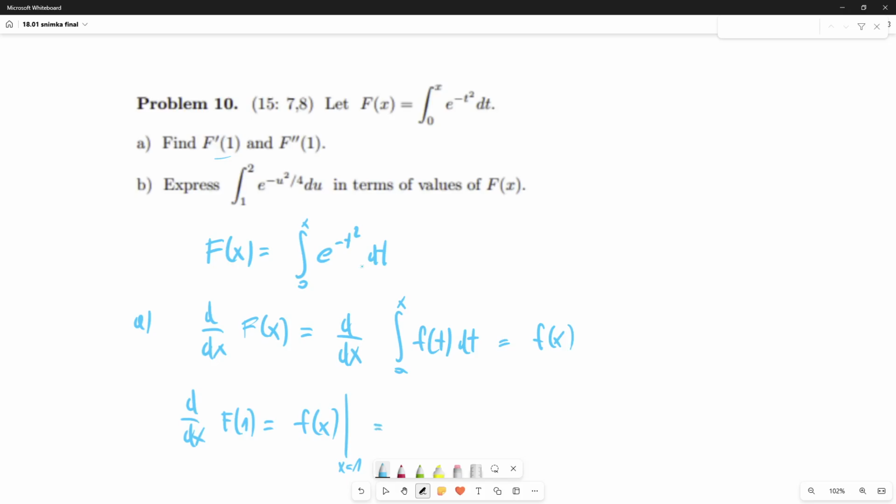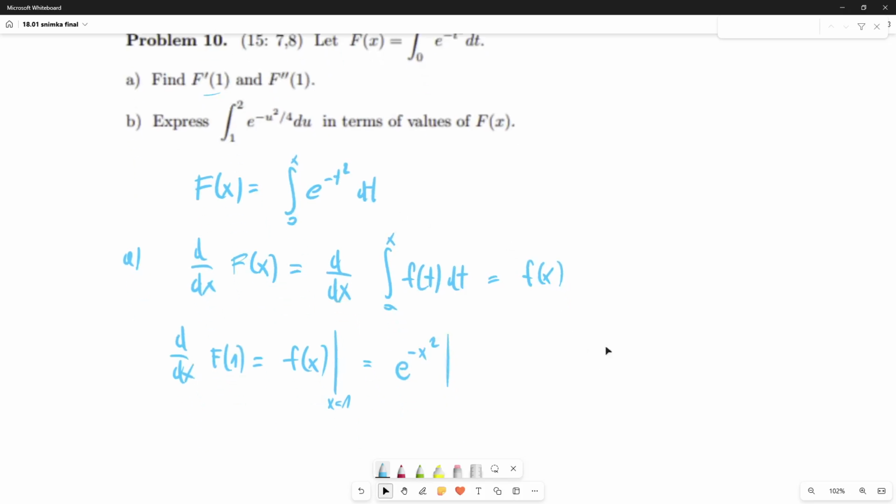That is, it's equal to e to the power of minus x squared, and we substitute x equal to 1. So we have e to the power of minus 1, that is 1 over e.